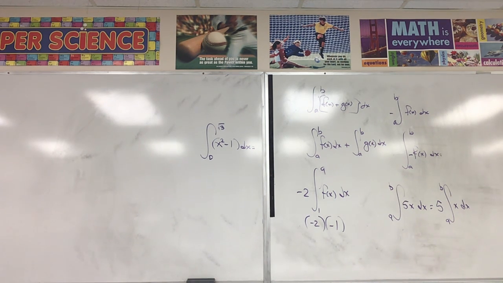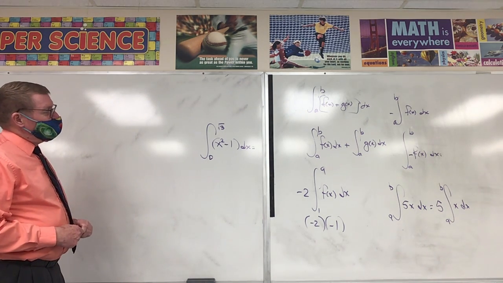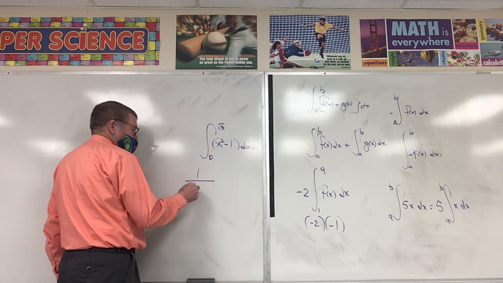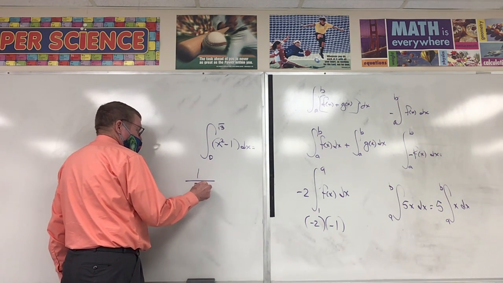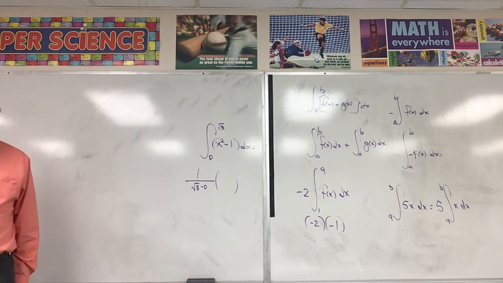Again, we're on number 11. So we're finding the average integral of that. That's going to be 1 over the square root of 3 minus 0, times whatever the value of that integral is.